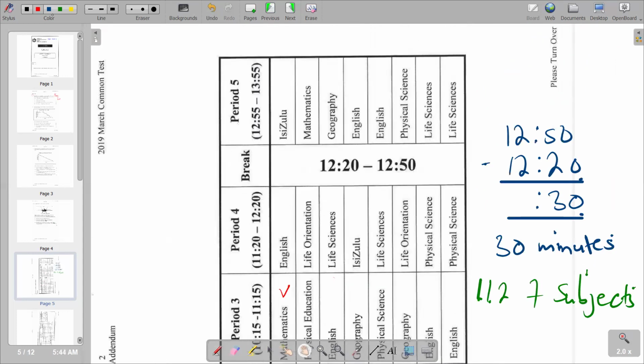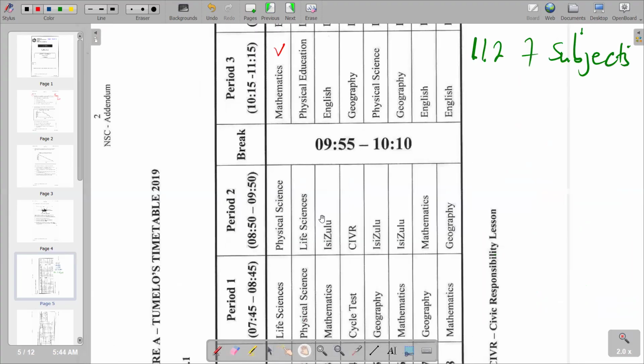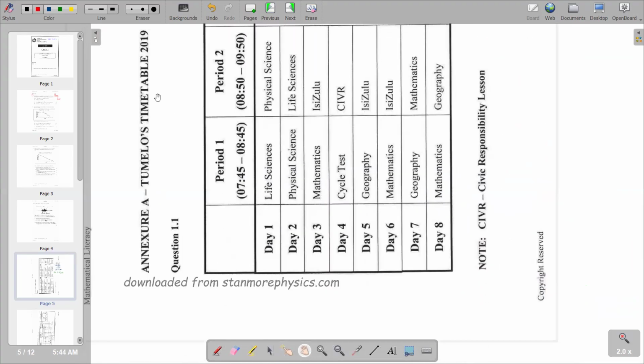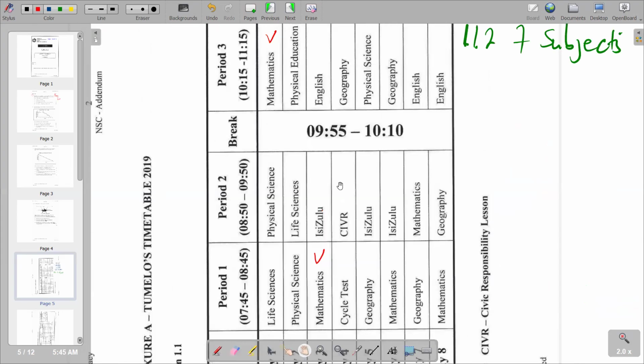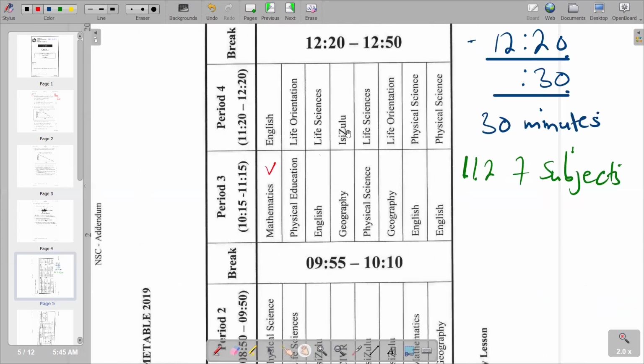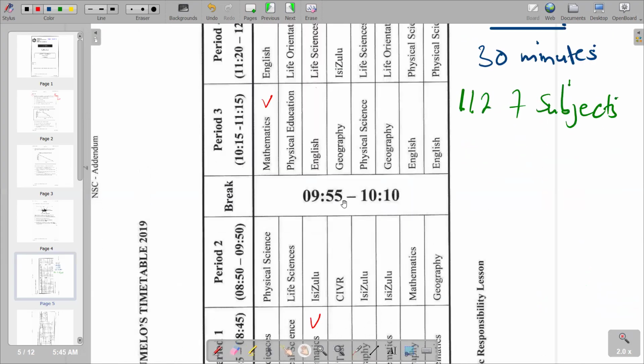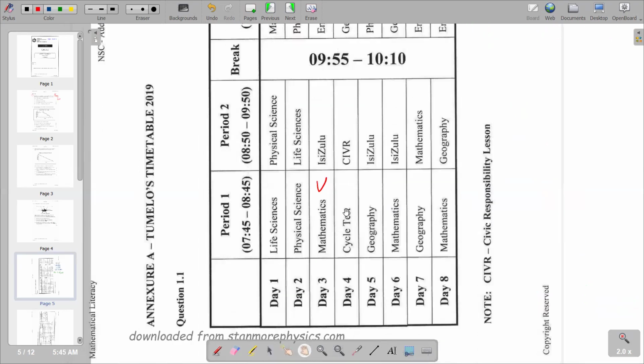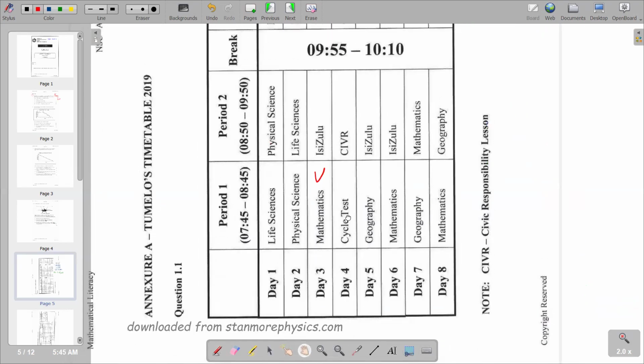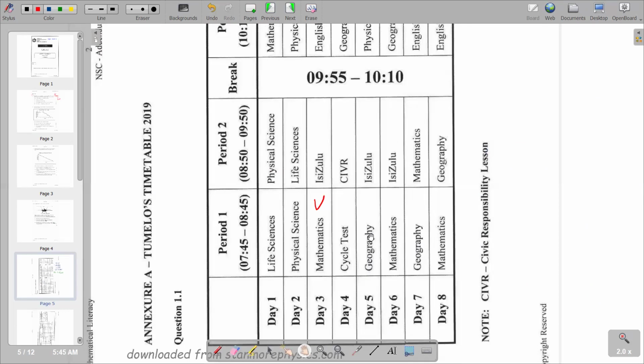We see that we've got mathematics here, so we also have mathematics on day 2. And then we go to day 3. We also have mathematics here. Then day 4. We go up to day 4, and in that we don't see any mathematics. So we can skip day 4, and go to day 5.